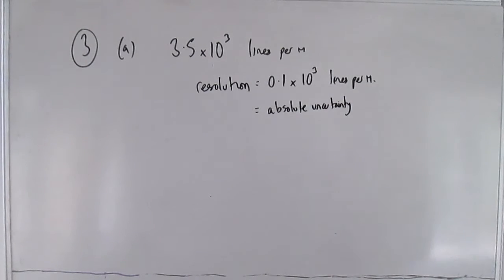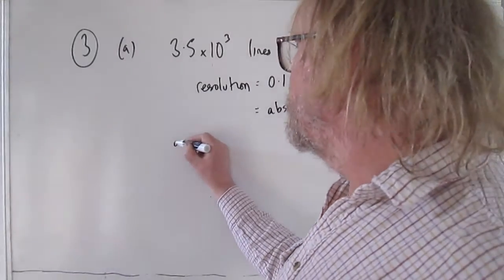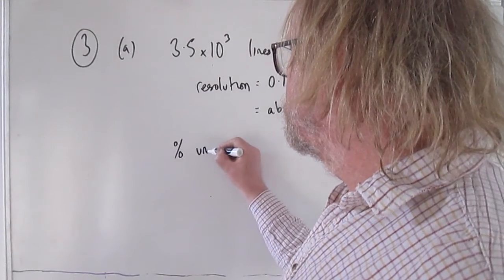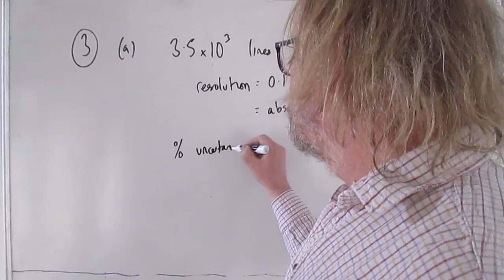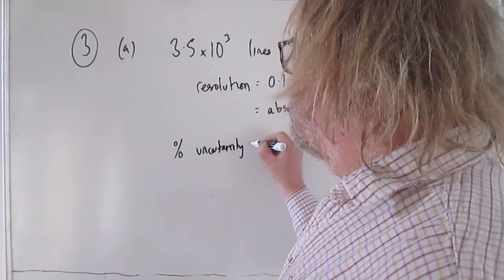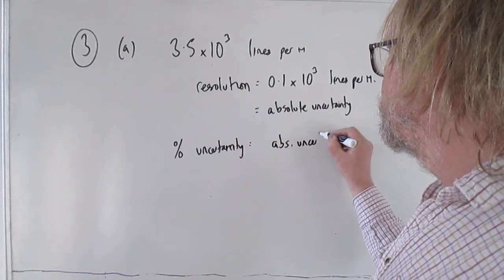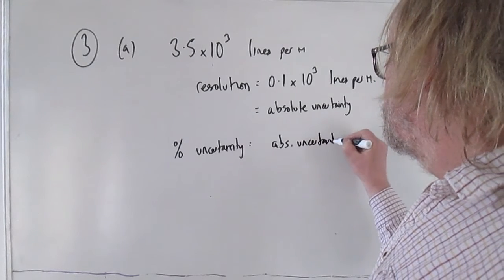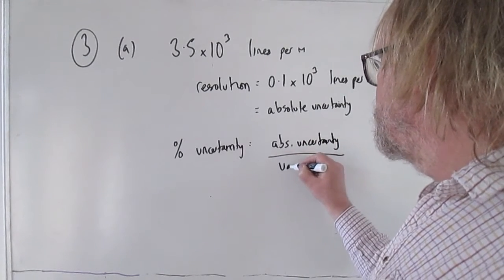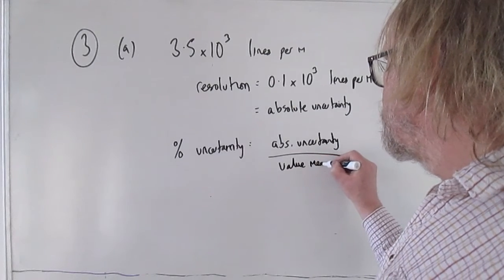In the value. So to get the percentage uncertainty, we just say that that's equal to the absolute uncertainty divided by the value measured times 100.